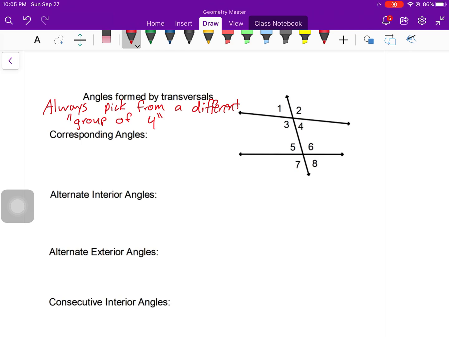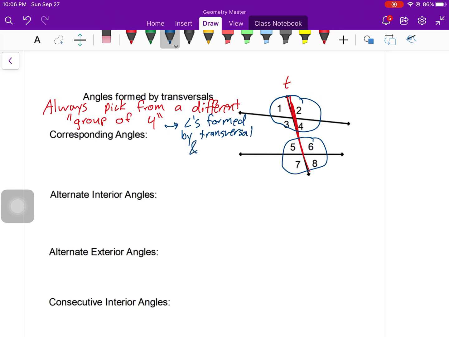So I've got two lines being crossed by a transversal T right there. This is my transversal. So the two different groups of four are 1, 2, 3, 4 is a group of four, 5, 6, 7, 8 is a group of four. So these groups of four are the angles formed by a transversal and one of the lines.